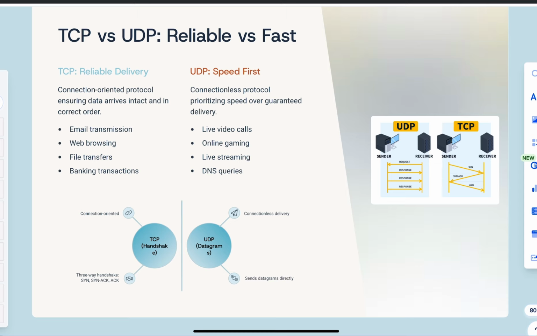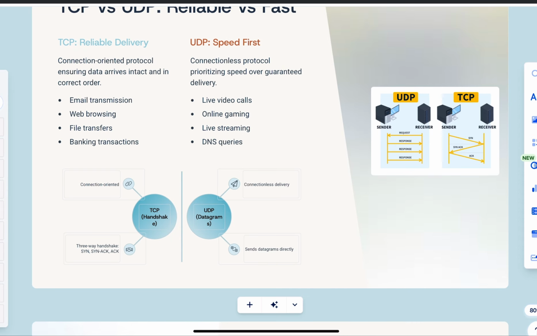So if you send an email, browse through the web, or do some banking transactions, usually they use TCP. But UDP is just a connectionless protocol that prioritizes speed over the guarantee of delivery, which means some packets might not be delivered or might be altered along the way.